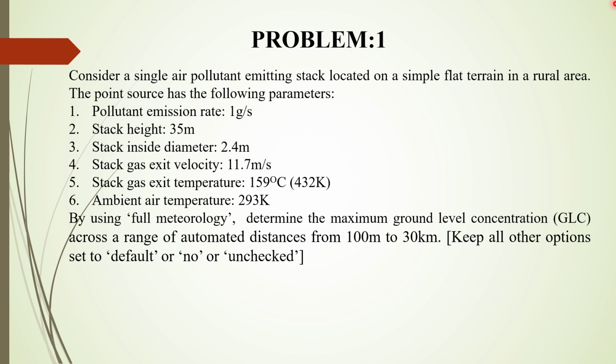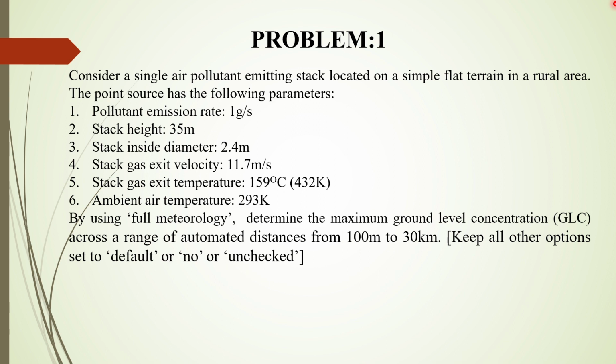Pollutant emission rate is 1 gram per second, stack height 35 meter, stack inside diameter 2.4 meter, stack gas velocity 11.7 meter per second, stack gas exit temperature is 432 Kelvin, ambient air temperature 20 degrees centigrade.